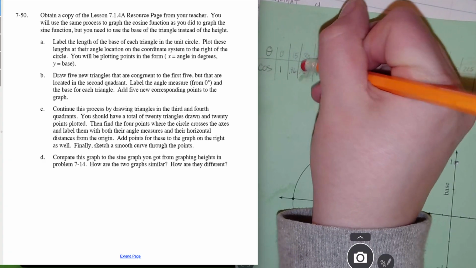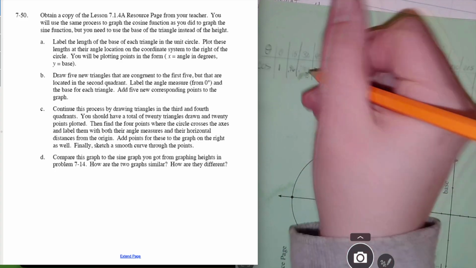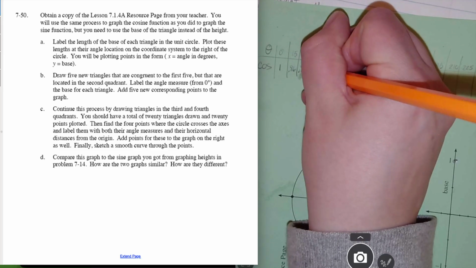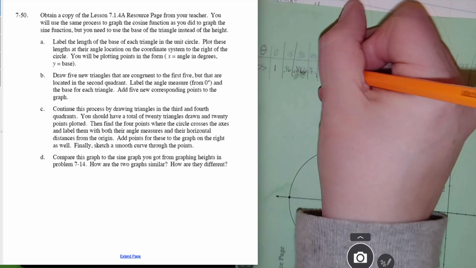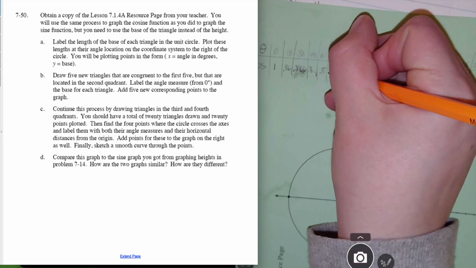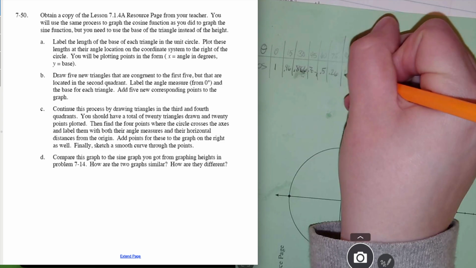At 30 degrees, it should be cosine of 30, 0.866. Then at 60 degrees, I'll get 0.5. At 75 degrees, I'll get 0.26. And at 90 degrees, I'll get 0.